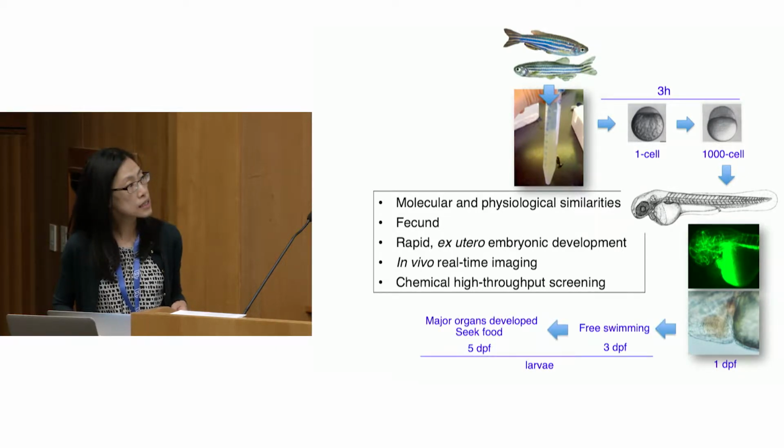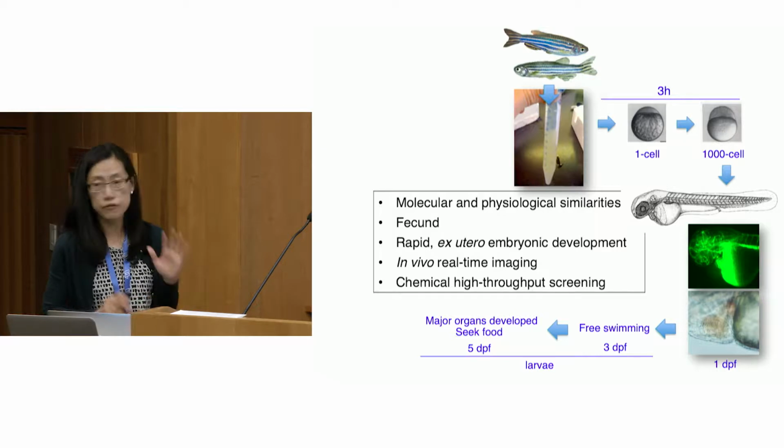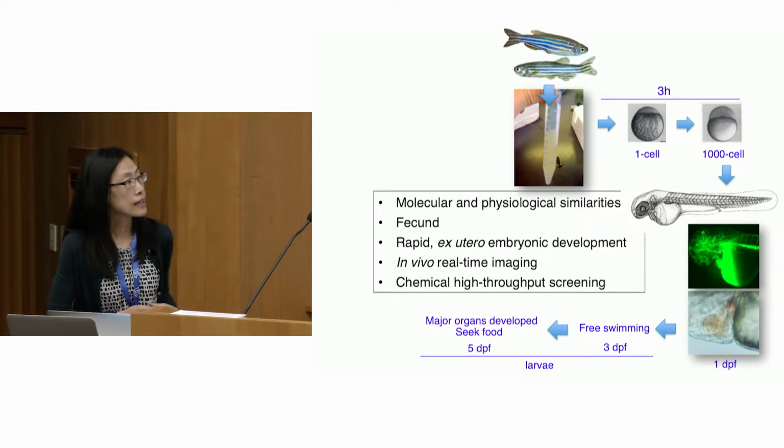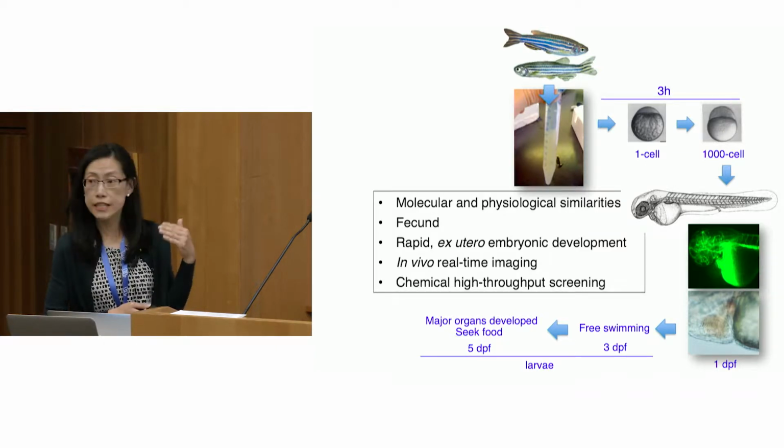Zebrafish embryos stay transparent for up to about 5 days. And only 3 days after they are born, they become free swimming. And 5 days after, all their major organs are developed, and they can already start to seek food.